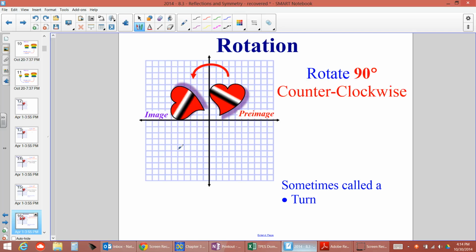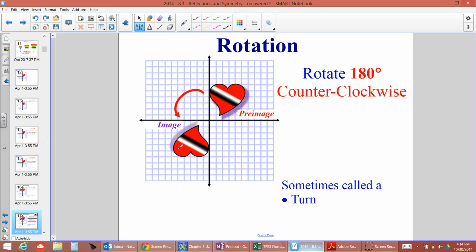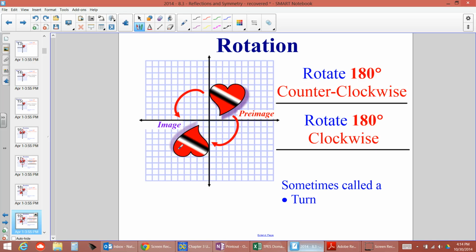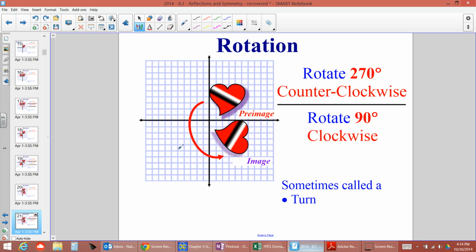Now what's interesting is a 90-degree counterclockwise rotation is the same thing as a 270-degree clockwise rotation. Think about it. If you turn right, that's a 90-degree turn to the right. It would take 3 left turns to make the same as a right turn. Hopefully that helps. So 180 degrees is the same both directions. 270 counterclockwise is 90 degrees clockwise.